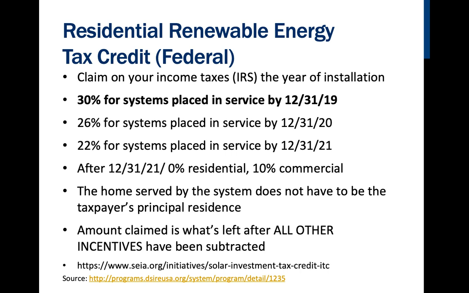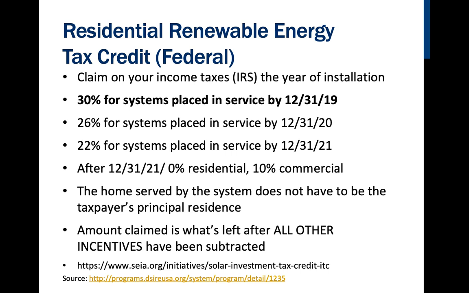So here's that federal tax credit, the renewable energy tax credit. What we see applies to residential. Commercial is not going to sunset. It's going to remain at a certain cost. All right. So to get the 30% federal tax credit, you need to have the system installed by December 31st, 2019. Then it rolls down to 26%.